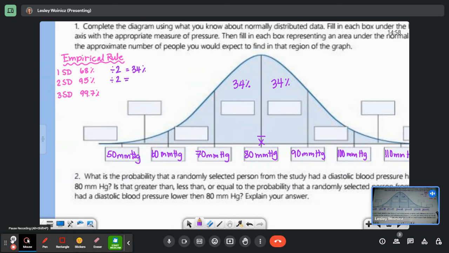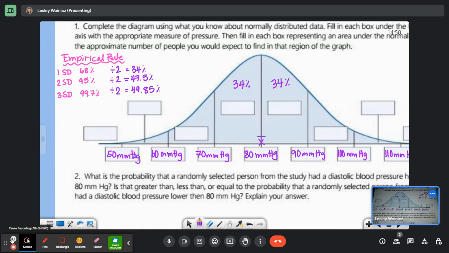It's going to be more than 45. Yeah. 47.5. Good. 47.5%. What about half of the 99.7? Good. 49.85. Good.